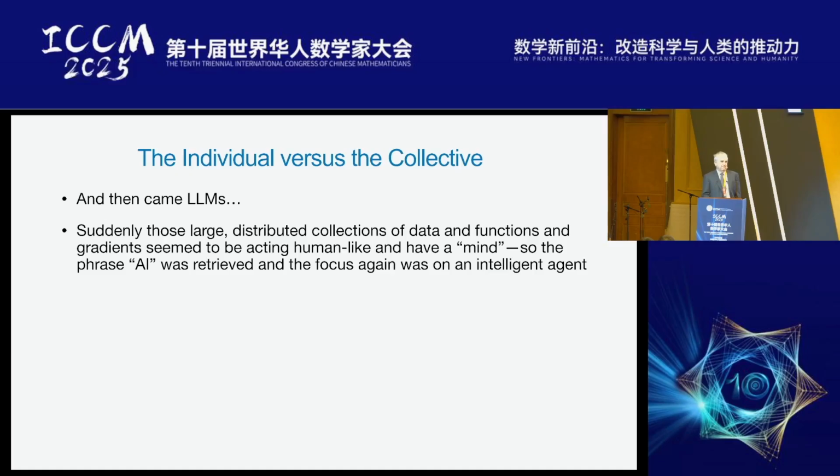It's amazing. And it seems, because it's natural language that it's working with, and not just numbers and predictions, that it's a human-like entity. And so the phrase AI returned. But no new ideas were really present. It was gradient-based algorithms and very large sets of parameters, and working surprisingly well, but still, the underlying concept was simple.